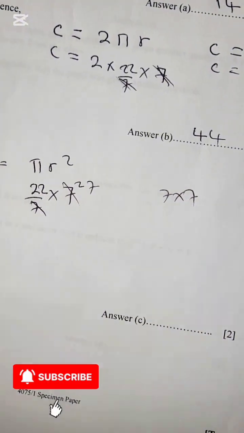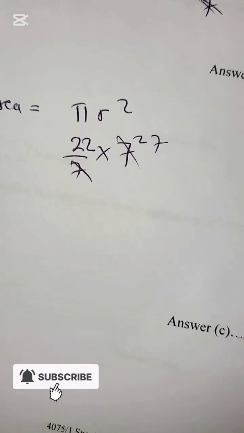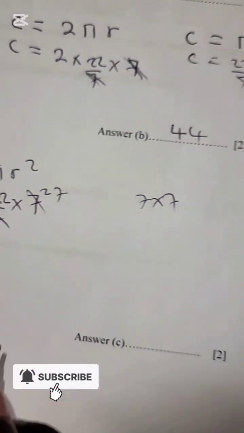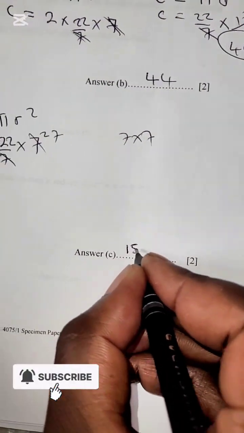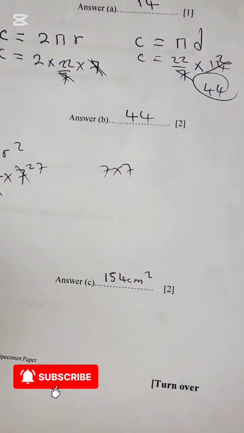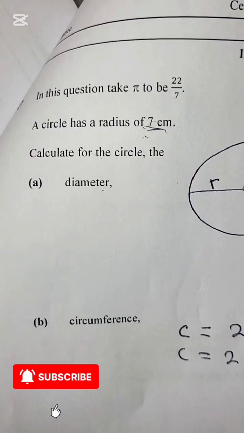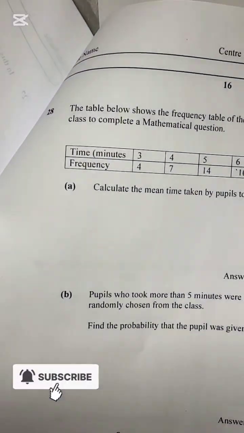So 22 times 7. We get 154. So it will be 154 centimeter squared. That's the area of the circle. Are we together? Okay. Next one.